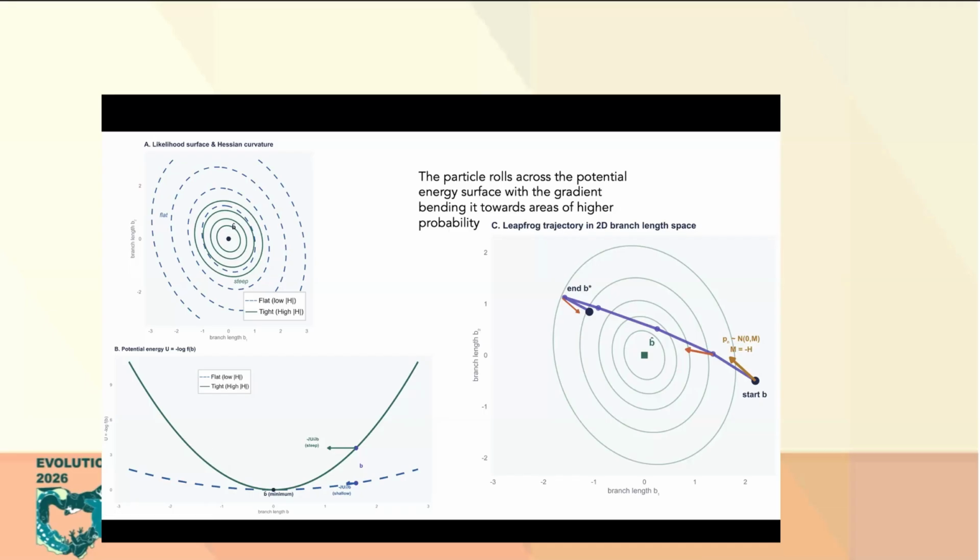So you do a half step, calculate the gradient, a full step, calculate the gradient, and a half step again, calculate the gradient. In this way, you sample quite widely across the posterior distribution, but you're kept in the areas of higher probability. This is just showing two branch lengths, but of course in an actual analysis, this will be a very high dimensional space, and you'll have them for all branch lengths.